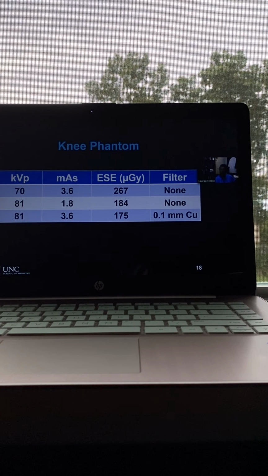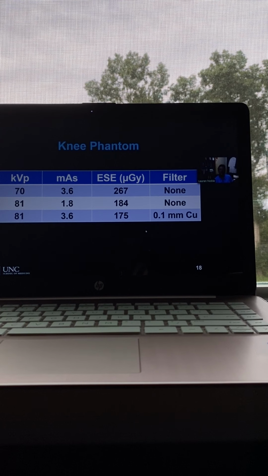I added 0.1 millimeters of copper, okay? Since I added 0.1 millimeters, I did have to increase my mAs to ensure that I would get enough photons to the image receptor so I wouldn't have a noisy image.